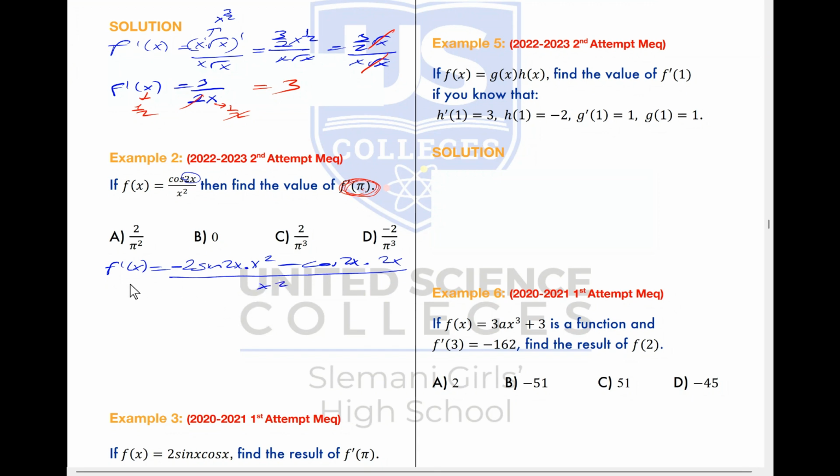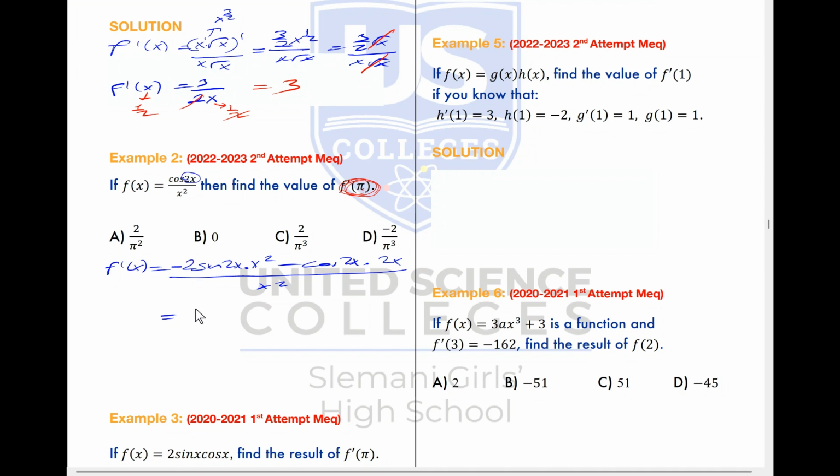Okay, now before I do the simplification here, I can substitute pi. It's up to you. You can either simplify first and substitute pi, or substitute pi first and then simplify. It's all up to you.